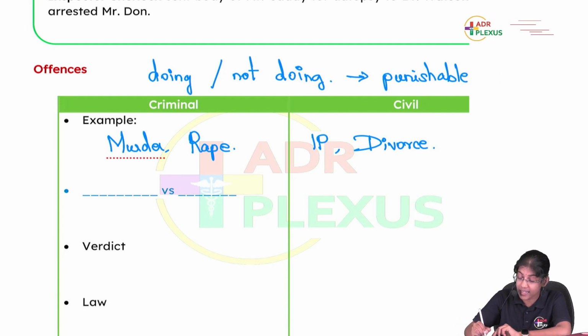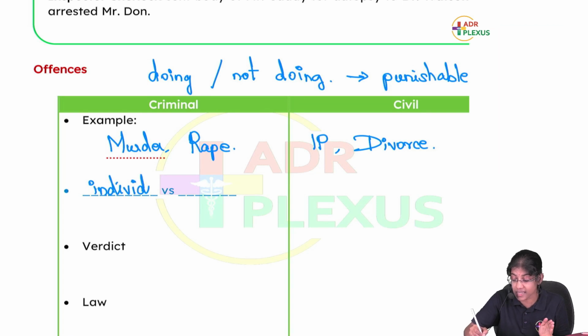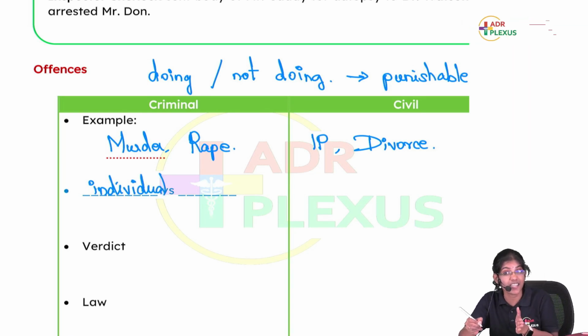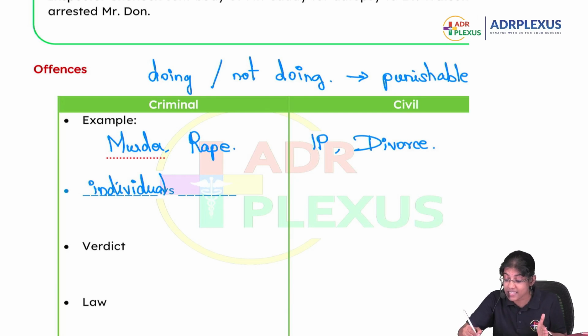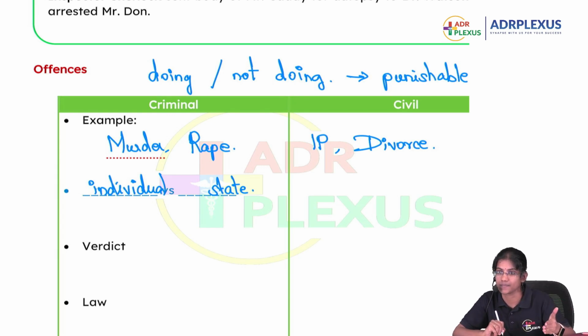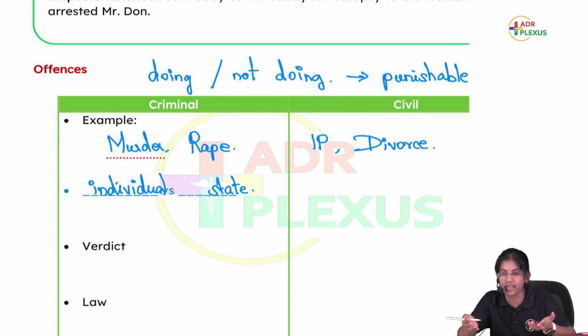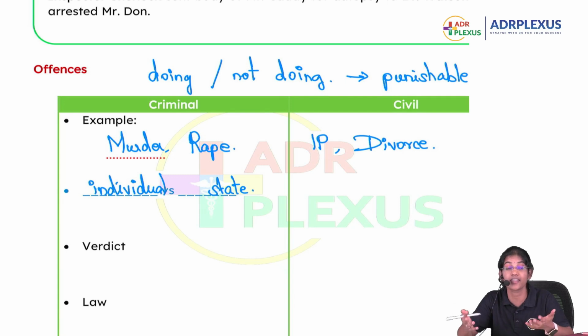Now, in criminal offenses, there is going to be an individual, and what is happening to this individual? He has done an offense, and for this, the state will take up the responsibility to fight. The government will take up the responsibility to fight. Because what happens, let's say a guy does a murder, and people want to compromise outside, or they don't want to file a case, the person doesn't have a relative or anything like that, the offense gets unnoticed, right?